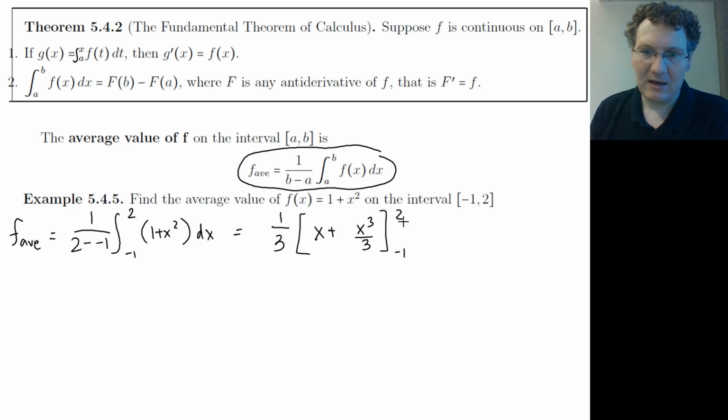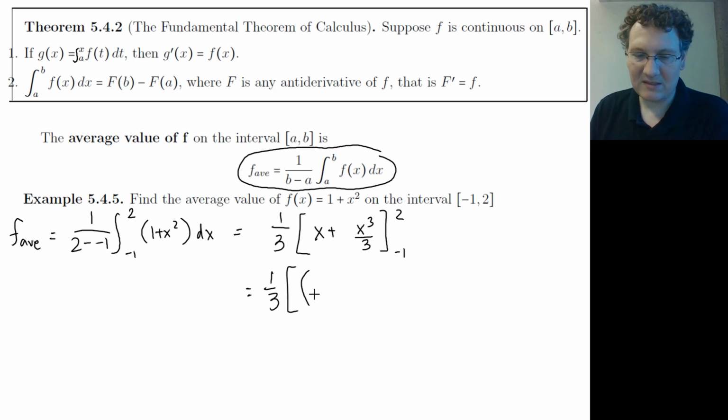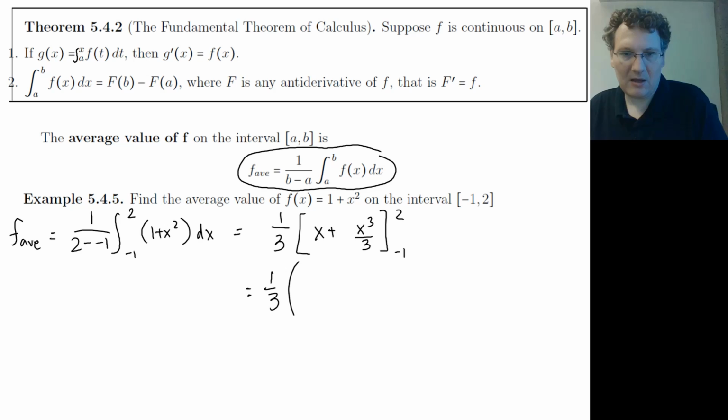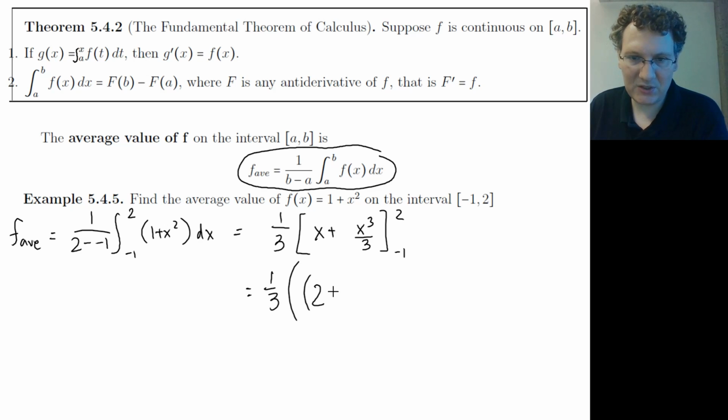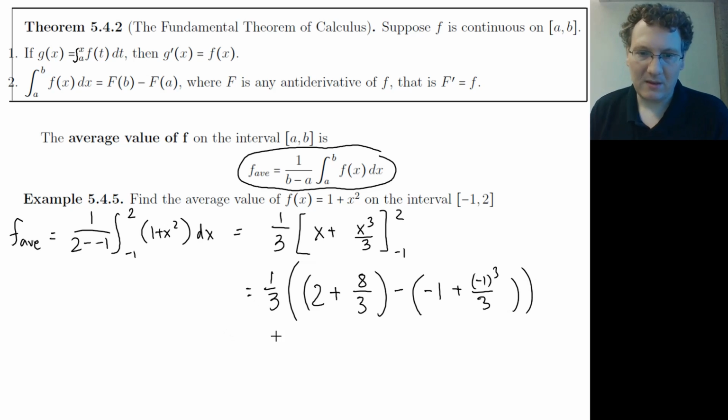Evaluating it now, this is 1/3 times, let's see, the first part is 2 plus 2 cubed over 3, which is 8 over 3, minus, -1 plus -1 to the third over 3. So 1/3 times 2 plus 8/3. 2 is 6/3, so 6 plus 8 is 14 over 3.